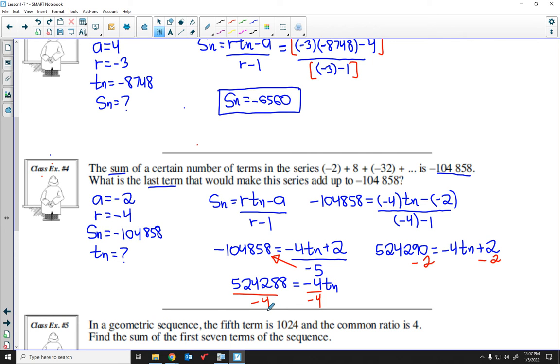So 524,288 divided by negative 4 is going to be t of n is equal to negative 131,072.